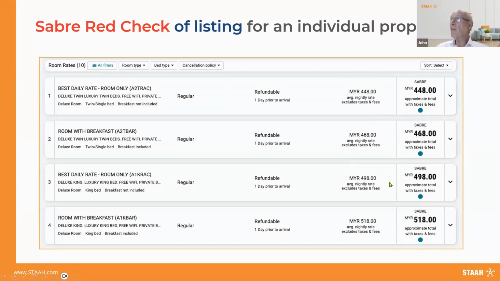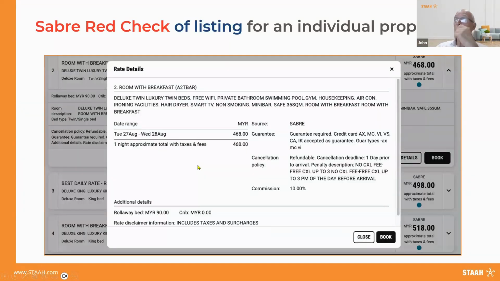So these are the rates in Malaysian ringgit that they book for their client. More to the point, the agent can drill in and see more information here with the room type descriptions. The source in this case was Sabre, and there's information about guarantees, cancellation policies, commissions.